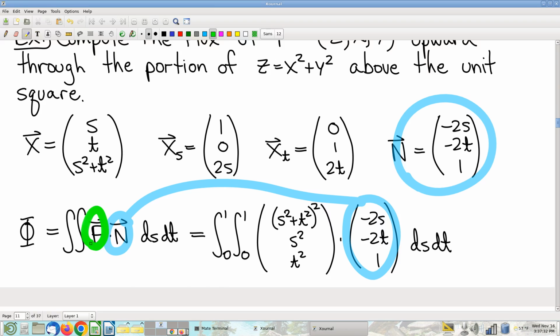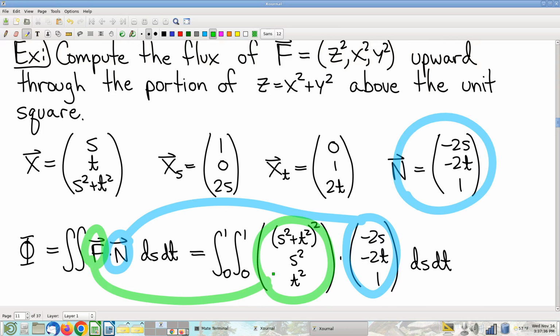The vector field, now there is a little bit of an annoyance here. I mean, the vector field is this. But keep in mind, I have to evaluate the vector field at my parameterized point. So the vector, sure, it's z squared, x squared, y squared, but don't forget x is s.